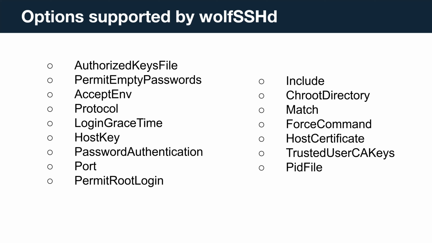We have the host certificate, trusted user CA keys, and PID file output. There's a couple of other options that we are able to parse as well, but they're more considered like a no-op or don't have much effect with wolfSSH, so I didn't list them here.